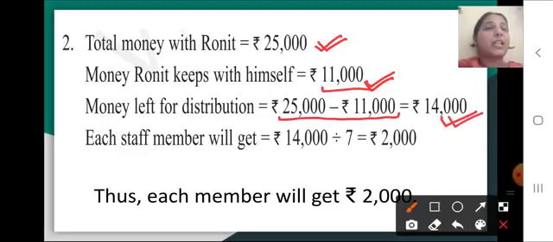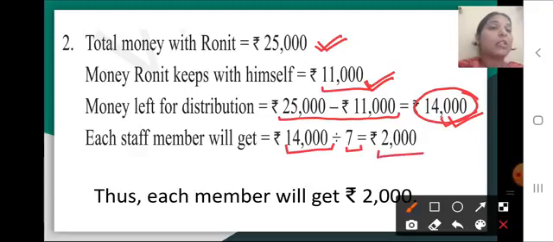Now this is the money that he can distribute among 7 members of his staff. So to divide this amount equally among 7 members of his staff, what will we do? We will divide that amount by 7. When we divide 14,000 by 7, we will get 2,000.